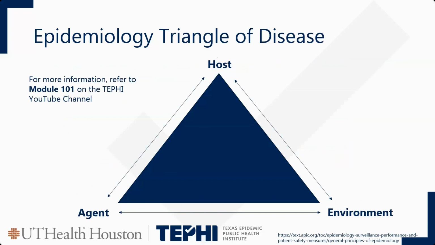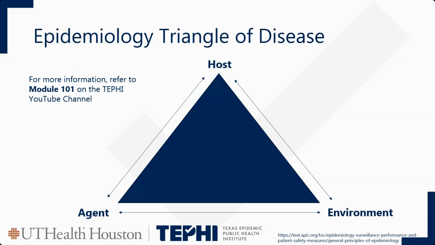The next principle we are discussing today is the epidemiology triangle of disease. It is important to understand the interaction to implement an effective infection prevention and control program. The epidemiology triangle disease model comprises the host, the agent, and the environment. The host is a human or another animal that can be characterized by genetic factors or demographic factors, while the environment consists of all external factors associated with the host.